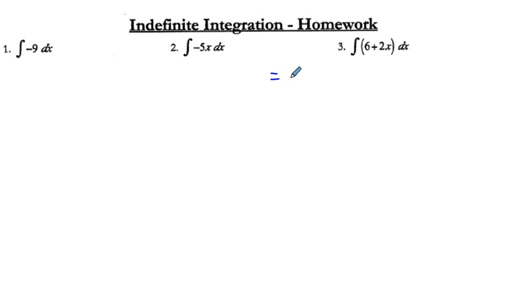So I'm going to integrate this as the integral of 6 dx plus the integral of 2x dx, and we're going to take these numbers on the outside, so that's 6 times the integral of dx, and I made a mistake here already. It's going to be 2x dx.